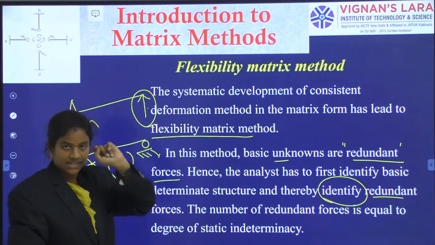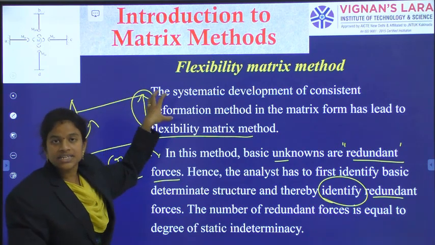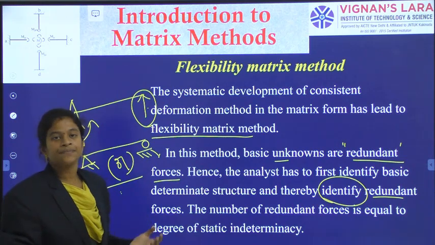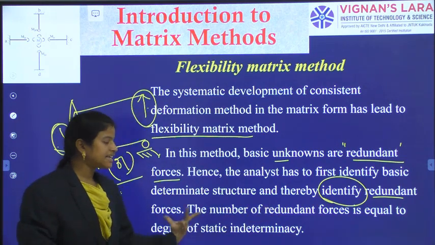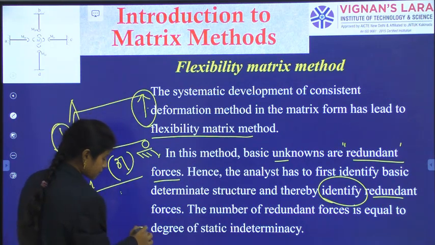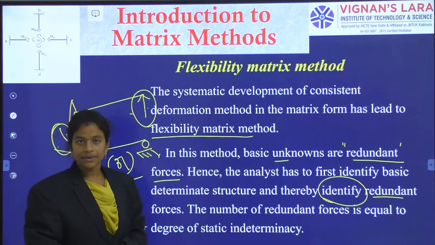Only one vertical reaction. The quantity of redundant forces which are unknown for us can be called the degree of static indeterminacy. So the degree of static indeterminacy is 1 for the propped cantilever beam.